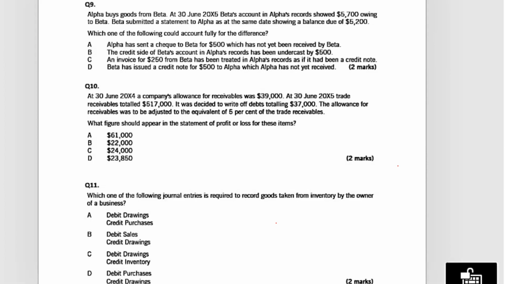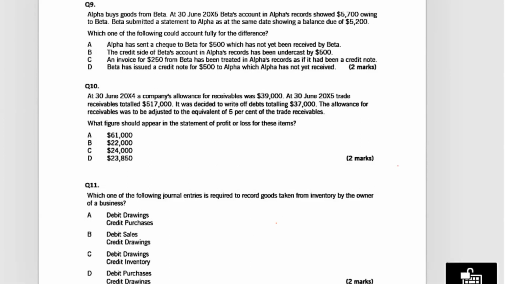It can't be the answer because according to the explanation, if he did not receive it, it can't have less than what is in Alpha's records. Anyway, that's what I think.